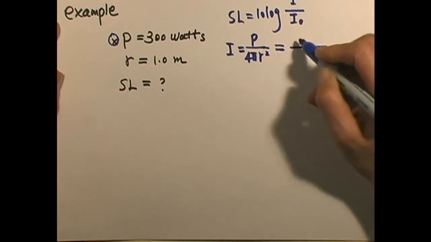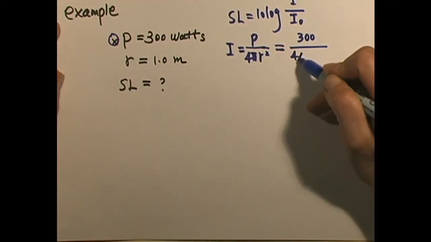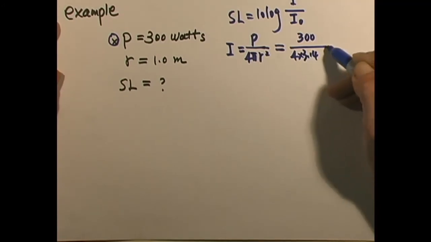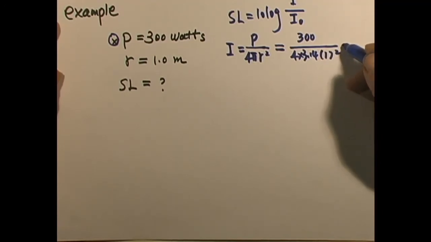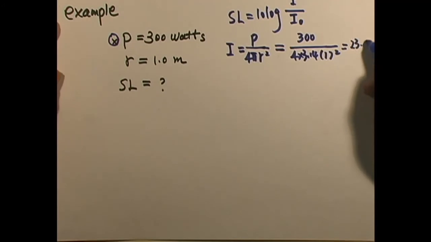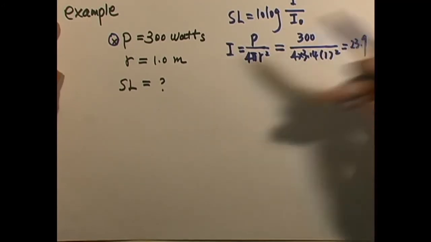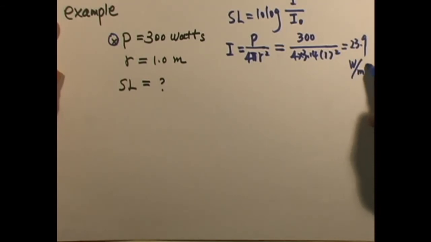So we have this 300 watts in SI units, and 4 times 3.14, and r is 1 meter squared. This gives us a result of 23.9. And obviously this is about intensity, so it should carry the unit of watt per meter squared.